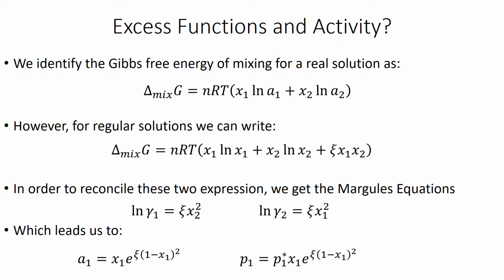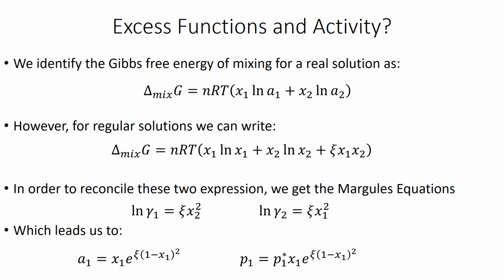And you get the reverse equation for the activity coefficient for the second substance. With this, you can then derive the following two equations. One, for example, the activity for one substance, and hence the pressure for one substance.